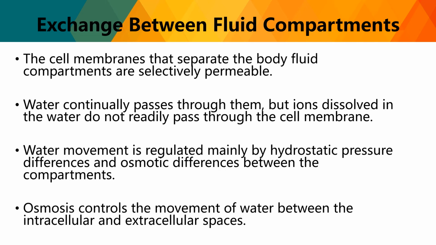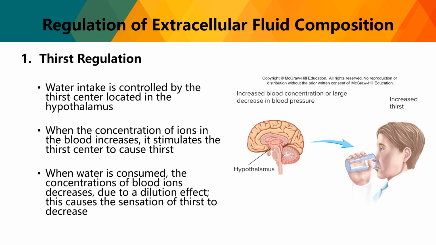So water continually passes through them, but ions dissolved in water do not readily pass through the cell membrane. Water movement is regulated mainly by hydrostatic pressure differences and osmotic differences between the compartments. And osmosis controls the movement of water between the intracellular and extracellular spaces.